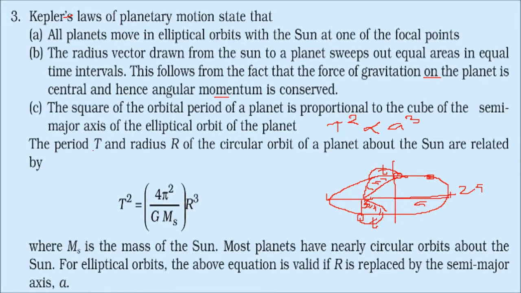The time period T and radius r of the circular orbit of a planet about the sun are related by this expression: T square is equal to 4 pi square by G Ms into r cube. Here Ms is the mass of the sun, and most of the planets have nearly circular orbits about the sun. When we talk about an elliptical orbit, this equation is valid if r is replaced by the semi-major axis a, that is, r cube is replaced by a cube.